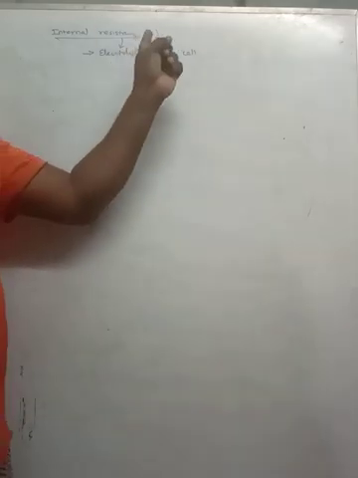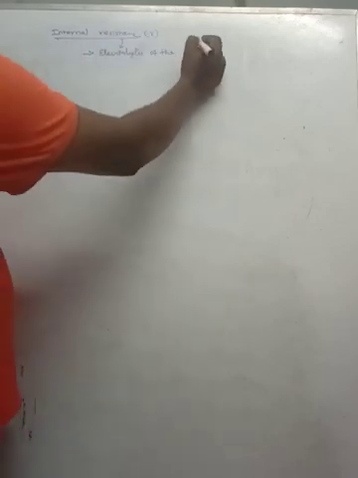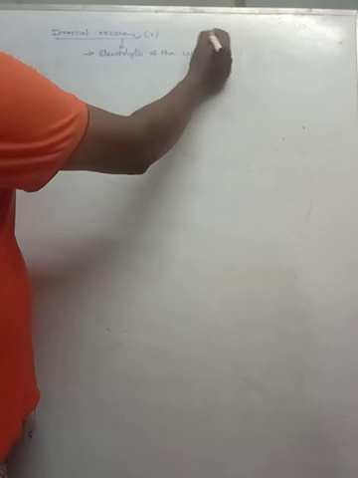For a newly prepared cell, the internal resistance has a very low value. As the age increases, that means with the time of usage, the internal resistance also increases. One particular day, the internal resistance will become equal to the external resistance, capital R. When both become equal, we can say that the cell is drained out, and we have to throw it away and get a new cell.